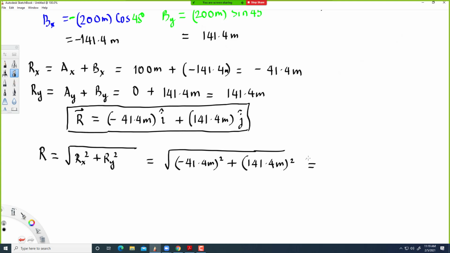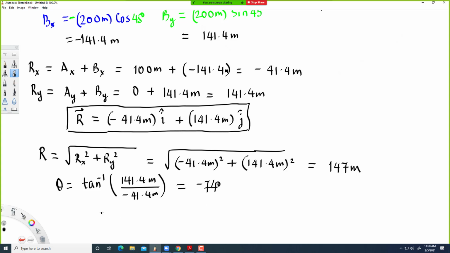If you do the calculation, it should give you 147 meters. And then we also need to find theta, tan inverse of Ry, which is 141.4 meters, over Rx, which is negative 41.4 meters. That gives us negative 74 degrees. So R is 147 meters at negative 74 degrees.